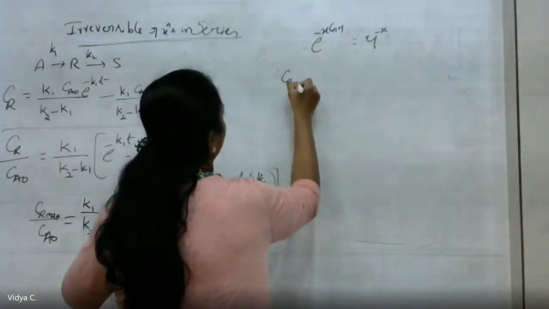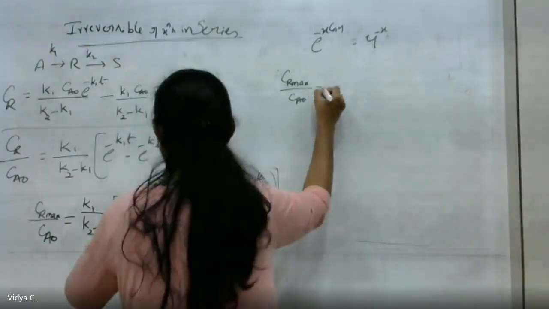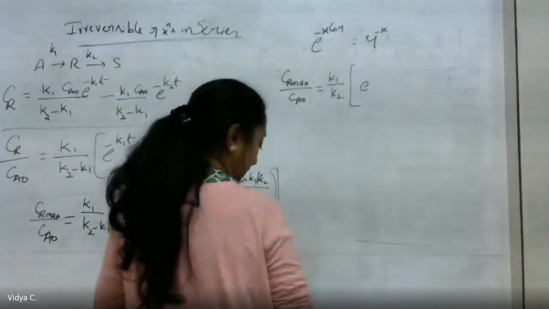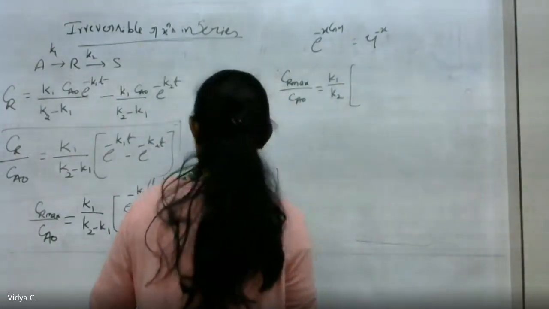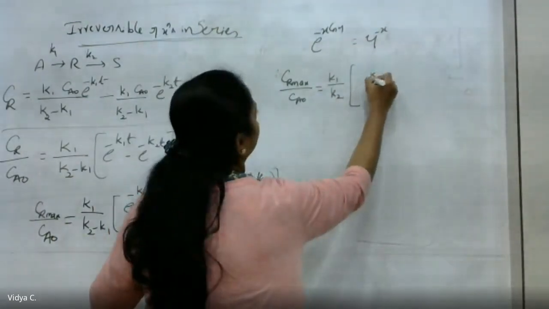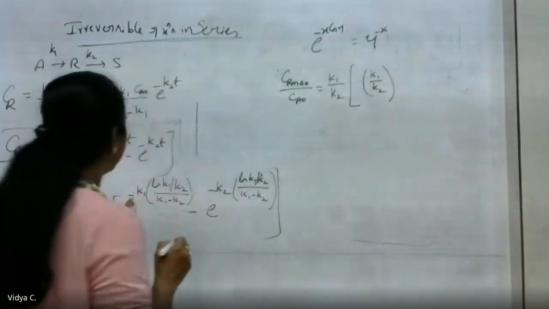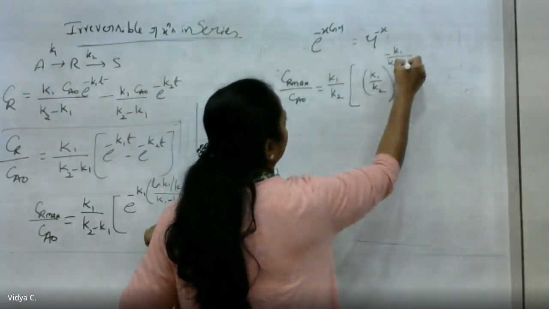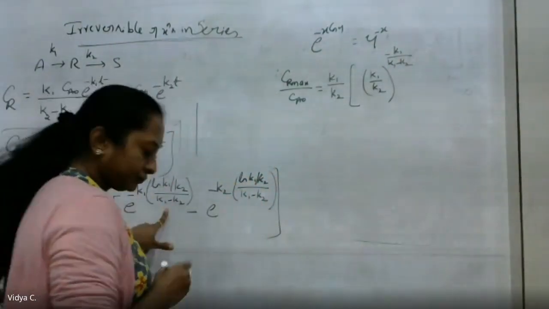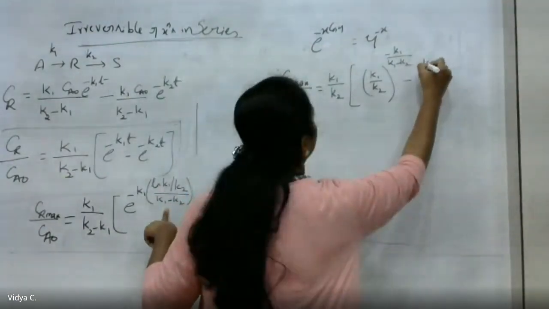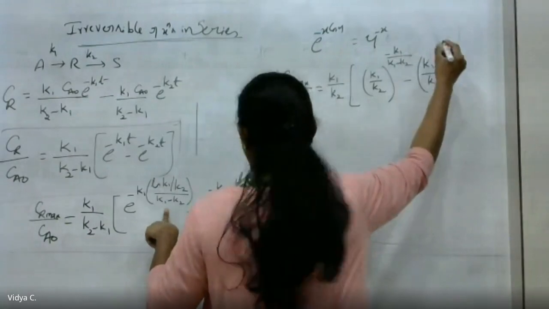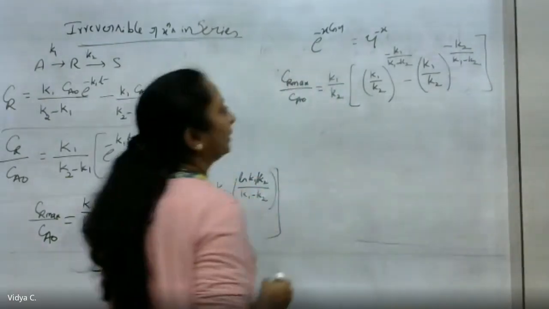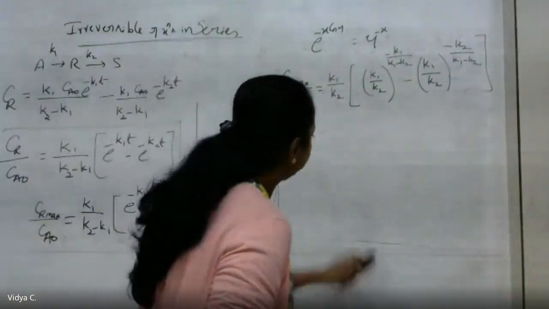Therefore, CR max by CA0 will be equal to k1 by k2 into e power, y is k1 by k2, minus x is minus k1 by k1 minus k2, minus again k1 by k2 into minus k2 by k1 minus k2. So this is the equation. Next what I do?